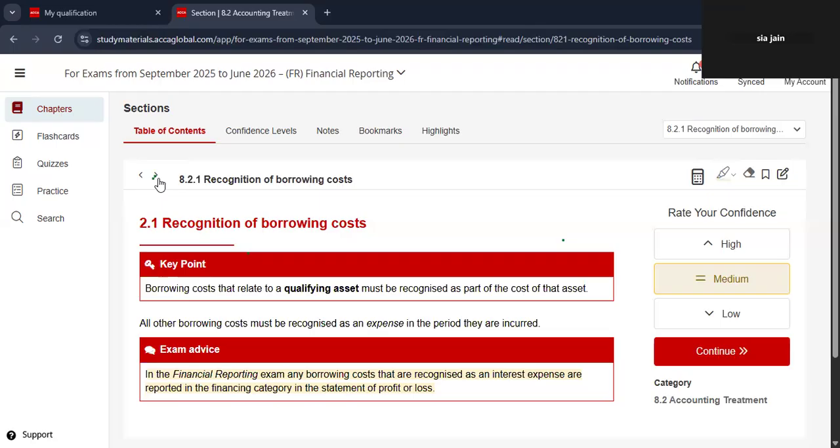It is not an option. It is compulsory that you add these expenses to your assets. But if the project is finished, if the building is finished, and your loan is still outstanding, you cannot include these costs in your asset value. You need to then expense it in your profit and loss statement.